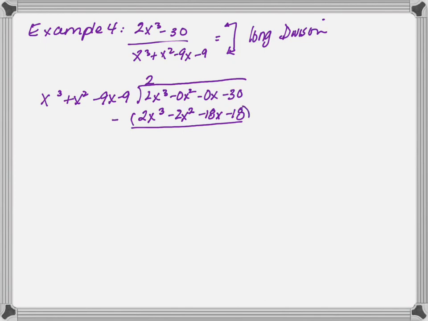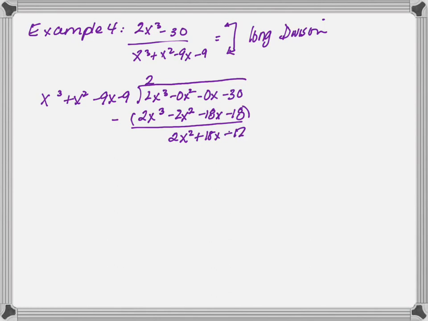So that would be 0x cubed, and 0 minus a negative, so that would give me a positive 2x squared. 0 minus negative 18x is plus 18x. And negative 30 plus 18 would be negative 12. Okay, no. Let's see, wait. No, that's right, okay.